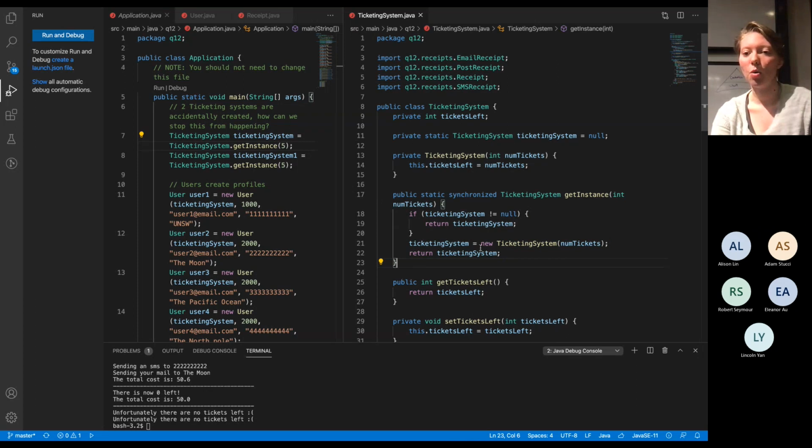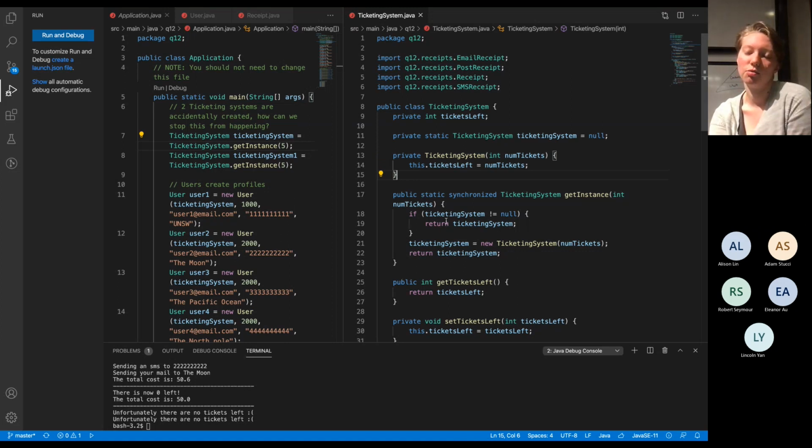So basically all we did is we added this part here in the return. Every time getInstance was called, it just returned a new instance of the thing, which defeats the purpose of having this getInstance method to begin with, because it's the same as just calling the public version of this.